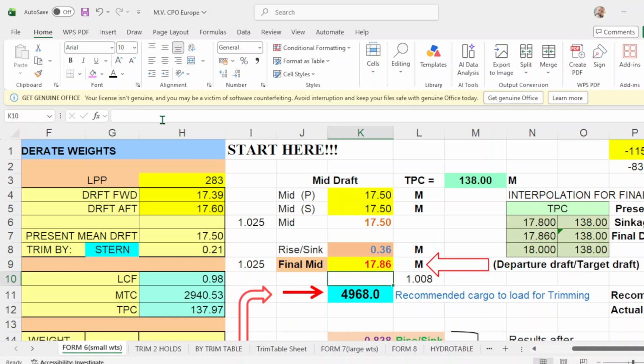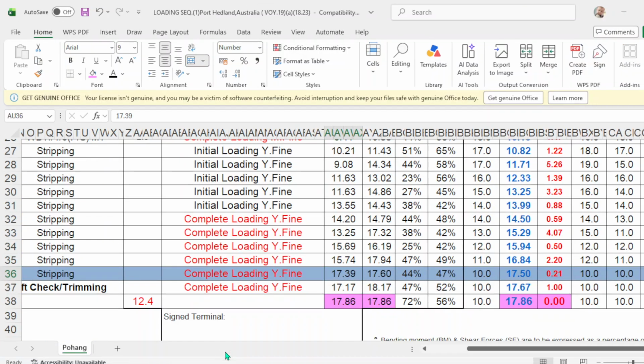Look here, the recommended cargo to load for trimming is 4,968, while in the plan it is 5,000, correct?